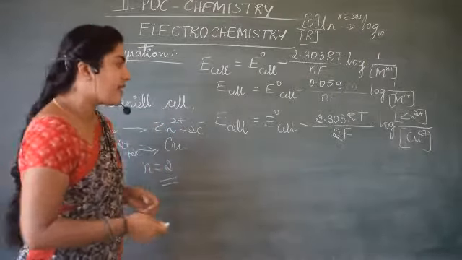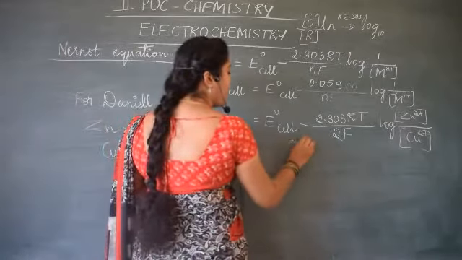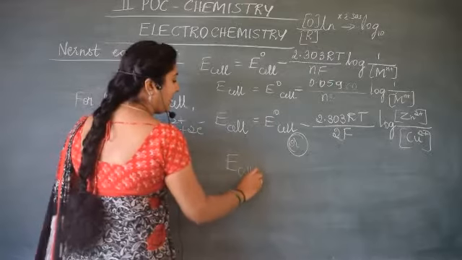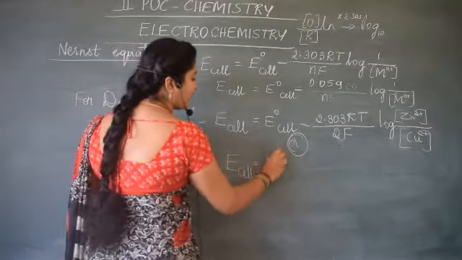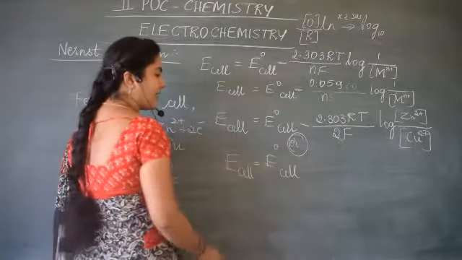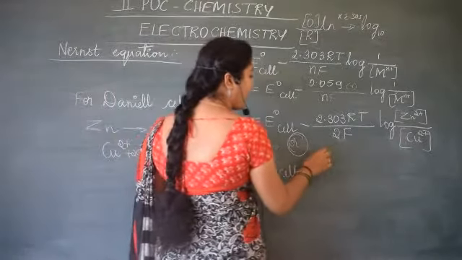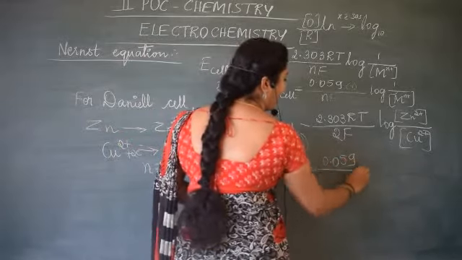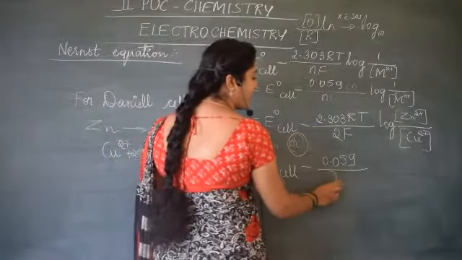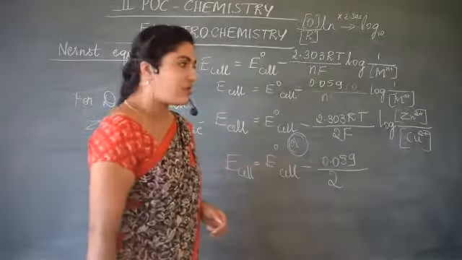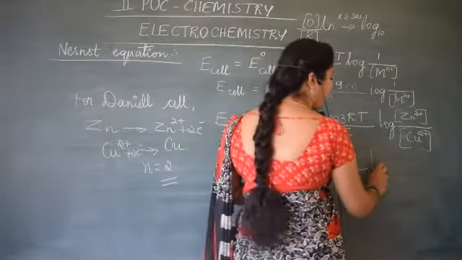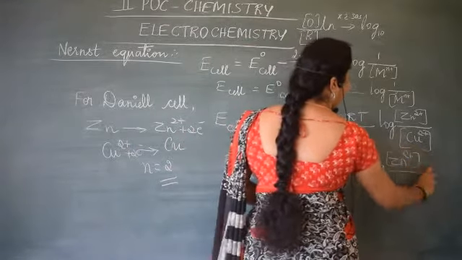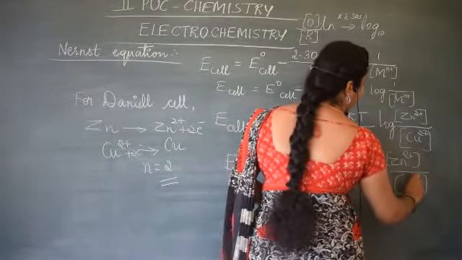One more way of writing it, in terms of the calculated constant values: E cell of the Daniell cell is equal to its standard electrode potential minus 0.059 divided by n, where we substitute 2 because 2 electrons are involved, log of the concentration of Zn2+ divided by the concentration of Cu2+.